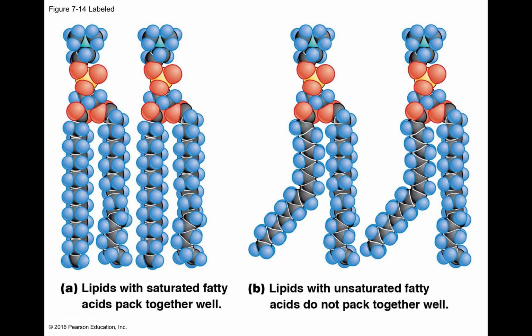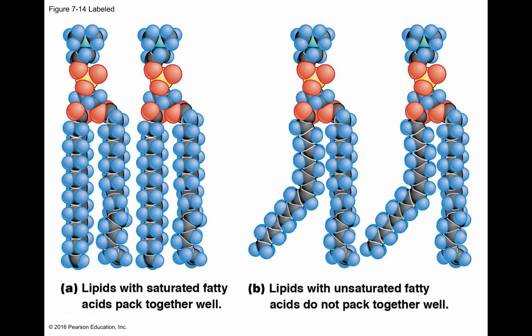So I often ask the question on a test, in the fluid mosaic membrane, what is fluid and what is mosaic? So fluid means that all the parts move, the proteins that are embedded in the membrane move, and the phospholipids move. And the mosaic means that it's made up of different kinds of molecules, lipids, proteins, carbohydrates, all make up the membrane.